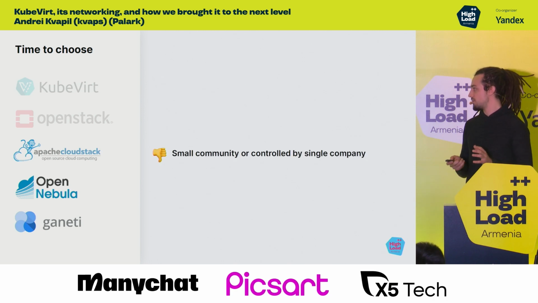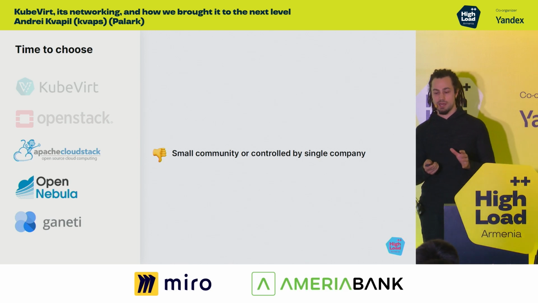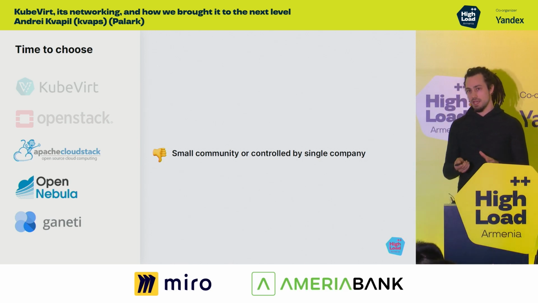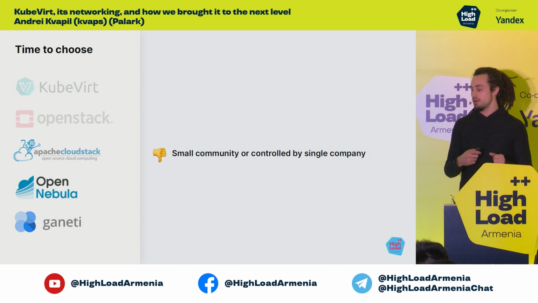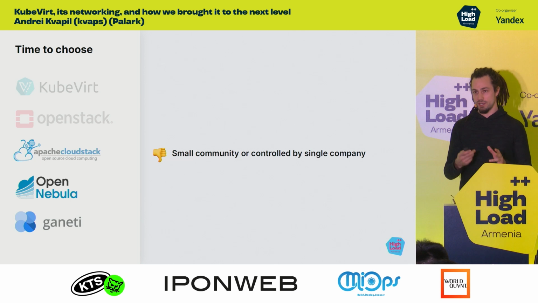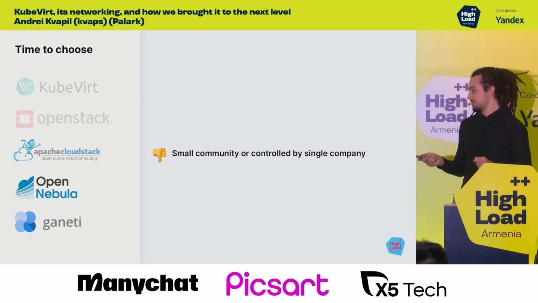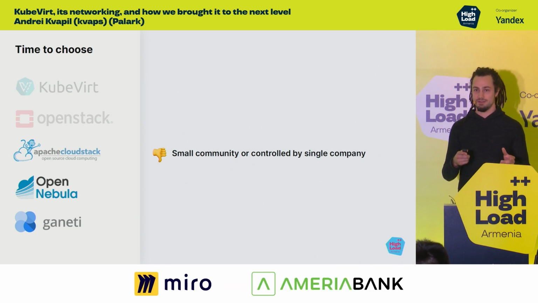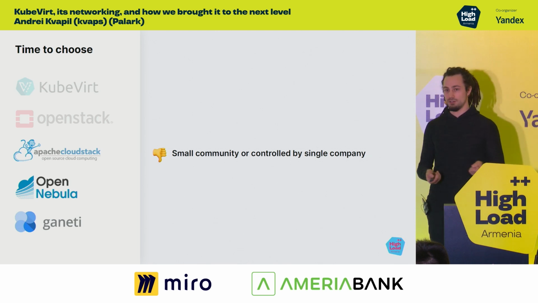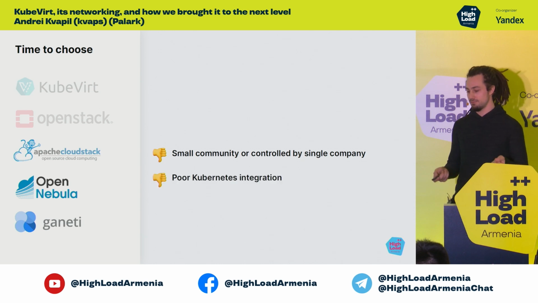The main problem with those solutions is that they have a smaller community and they can be controlled by a single company. That's not always good: software can be open source, but when it's controlled by a single company, it can do everything with that software. For example, OpenNebula had a really bad case when they closed-sourced the migrators between major versions of the cloud. We don't want to have such problems, and we don't want vendor lock-in.